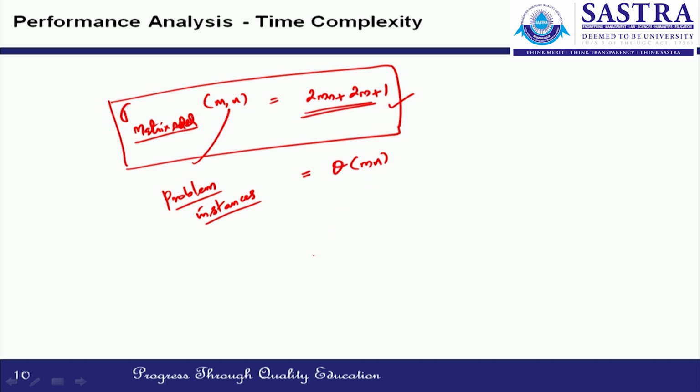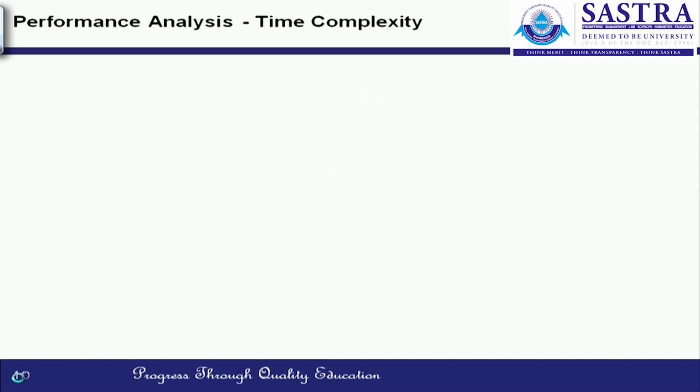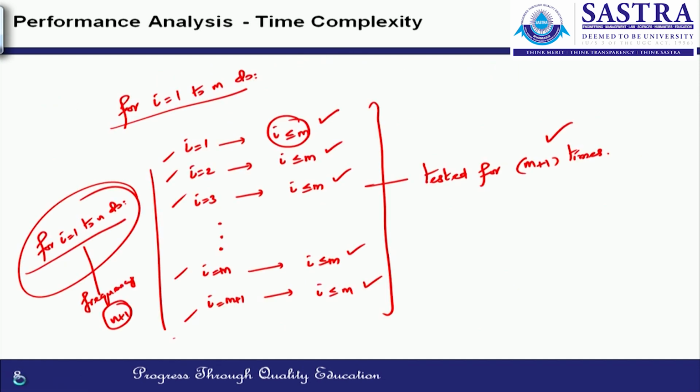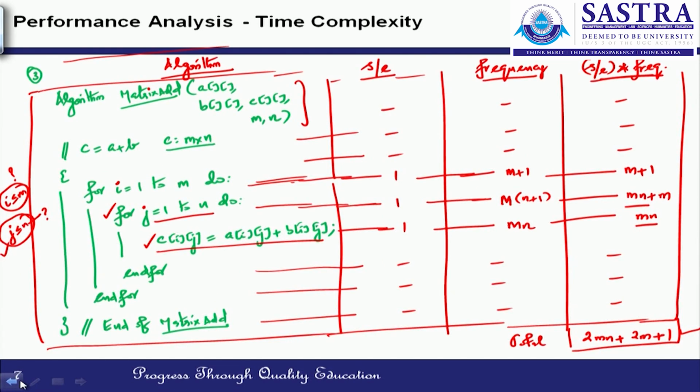So, the step table method finds the total number of execution steps easily compared to the step count method.